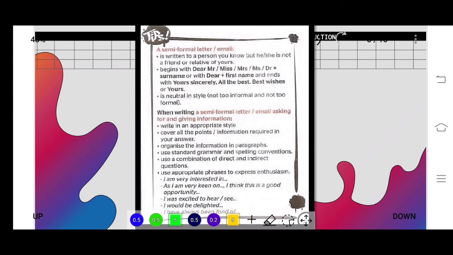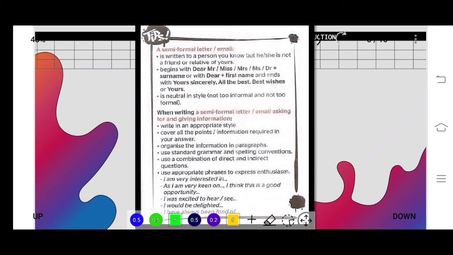Okay. So you write this semi-formal letter by asking for or giving information. So you have to write in an appropriate style. You have to cover all the points and information required in your answer. You also have to make sure your letter is organized, with the information in paragraphs.